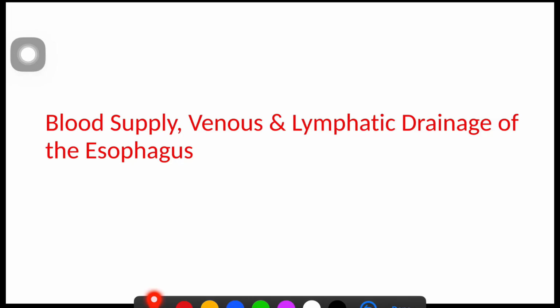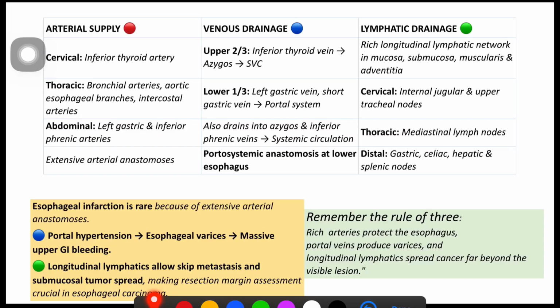So let's see the blood supply, venous and lymphatic drainage of the esophagus. Arterial supply: cervical, thoracic and abdominal have different branches. But what is the importance to remember? Because it has extensive arterial anastomosis, infarction is rare, right?